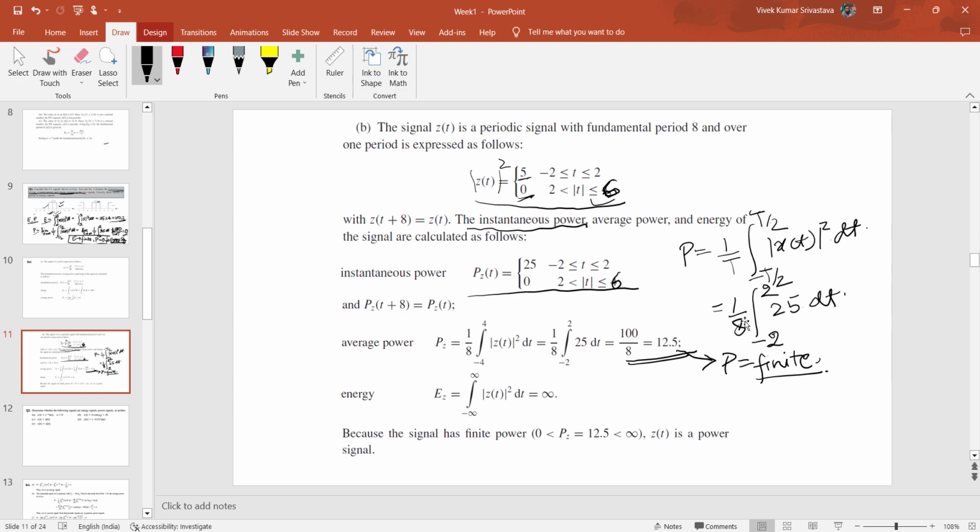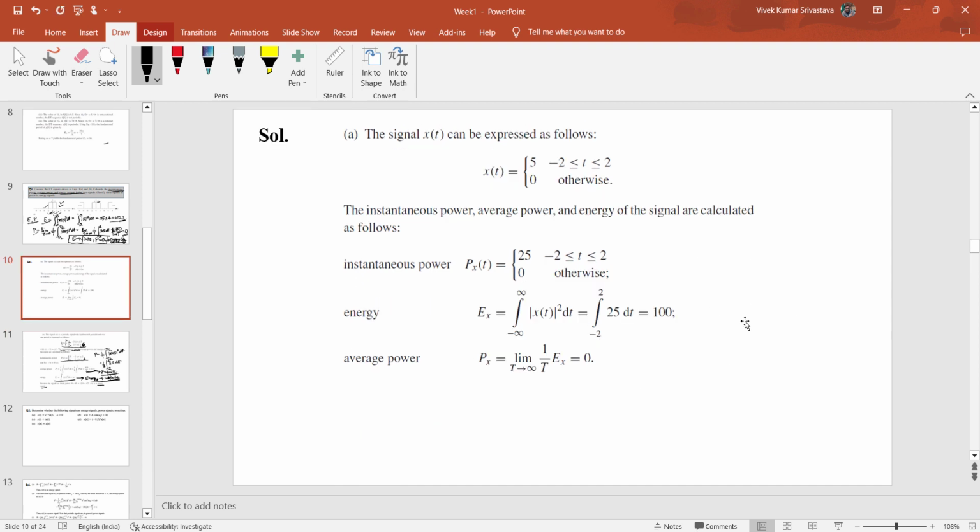Similarly you can determine the energy of this signal by using this expression. This will come to infinity. So from here we can say that energy is infinite here. Sorry, so for every signal for which power is finite and energy is infinite, this kind of signal is basically a power signal.